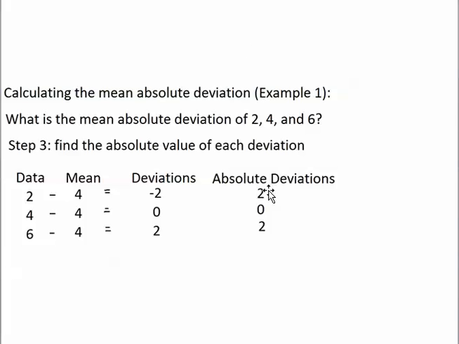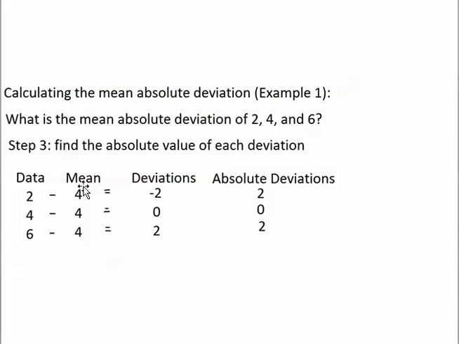It just shows how far the data value is from the mean. So this first data value of 2 is 2 away from the mean of 4, which is why it has an absolute deviation of 2. This data value of 4 is 0 away from the mean, so it has a deviation of 0, an absolute deviation of 0. And 6 is 2 away from the mean, so it has an absolute deviation of 2.